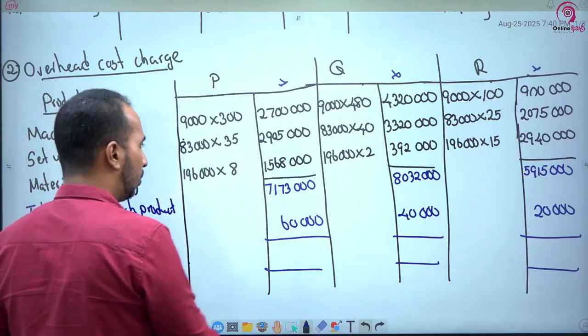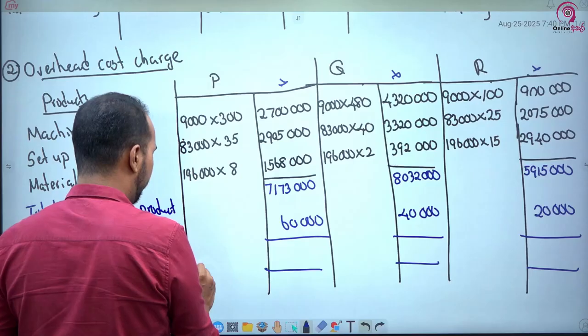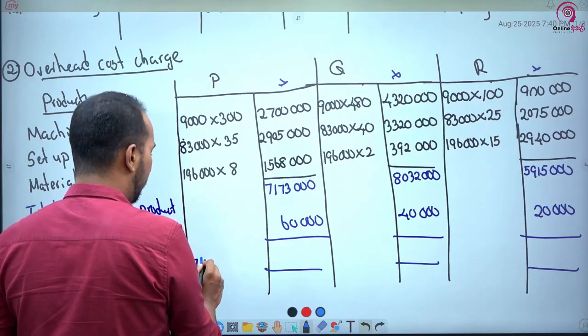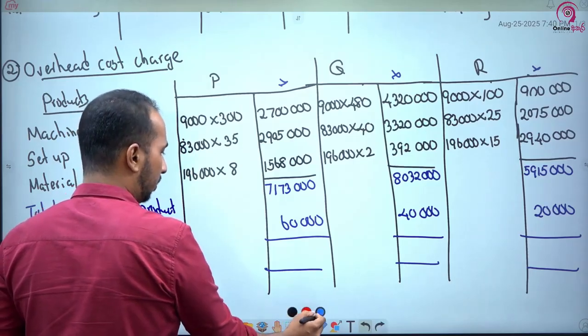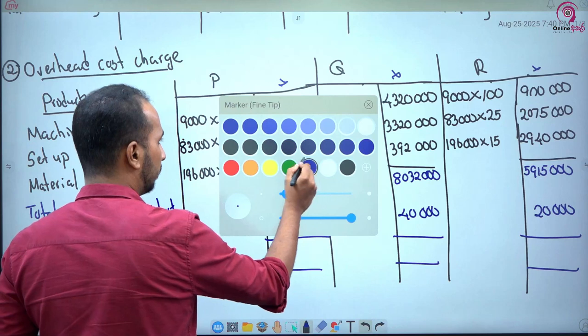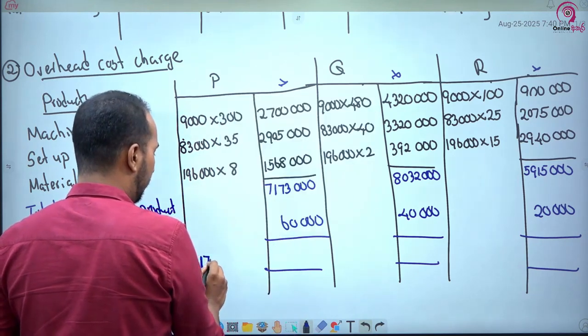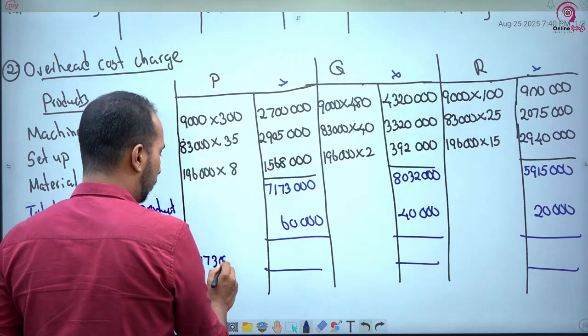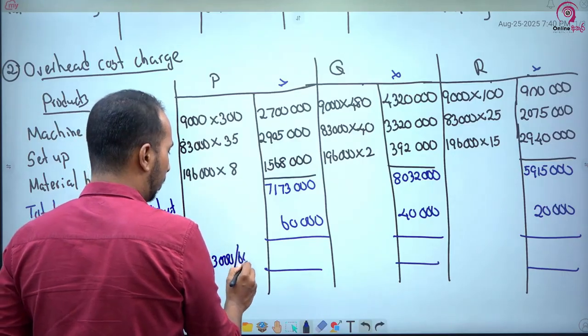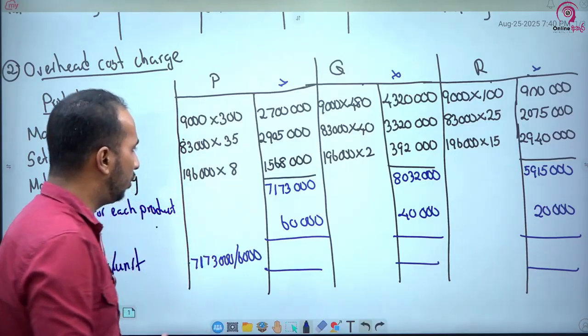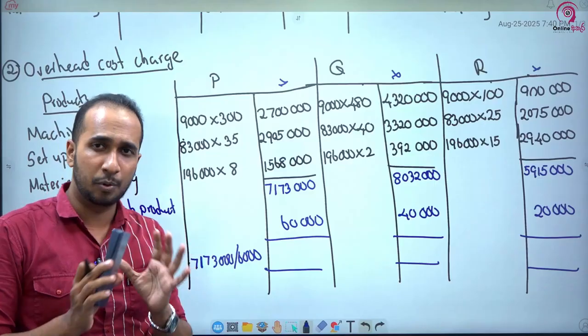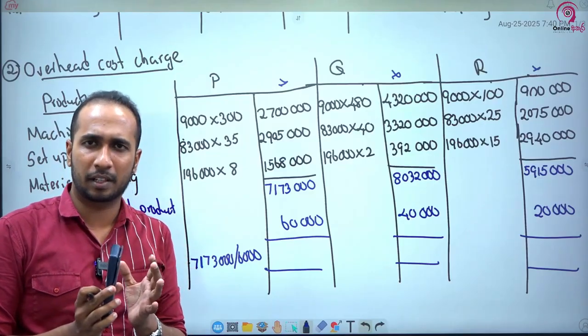How can you calculate? When it comes to product P, the total cost is 7,173,000 divided by 60,000. In the examination, you don't need to show these computations. You can directly take them from the calculator, okay?